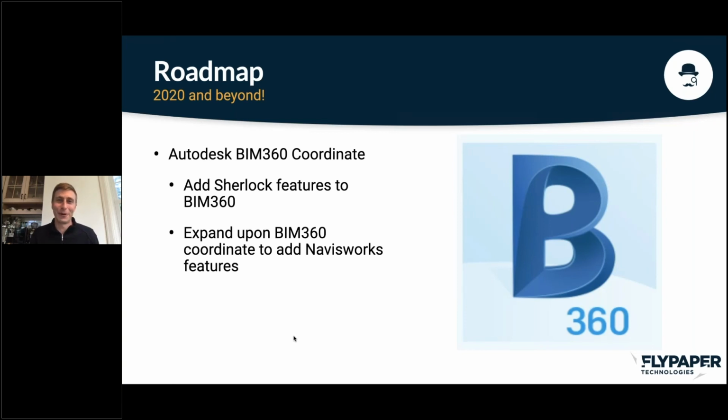We're not saying that we're going to try to implement Navisworks in Vim 360 Coordinate, but there are some specific things that people have brought up to us that they would like to see inside of Vim 360 Coordinate. If those are not things that Autodesk is planning on doing, then there might be an opportunity for us to add to that functionality as well.